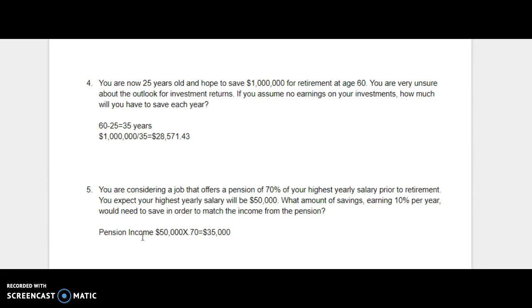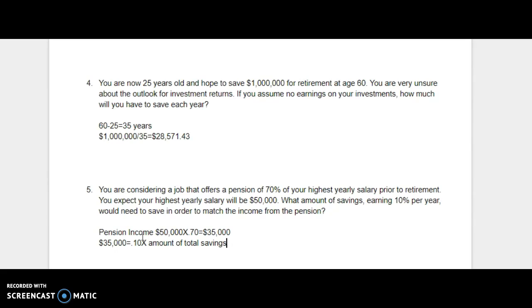What we want to determine is how much it would take us to save on our own, earning 10% a year. So we know $35,000 is our goal to have each year. So at 10%, we'll move that decimal over to 0.10, and we need to multiply that by the amount of total savings that we need to get that pension each year at 10%.